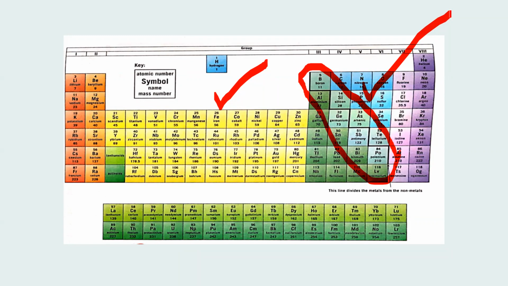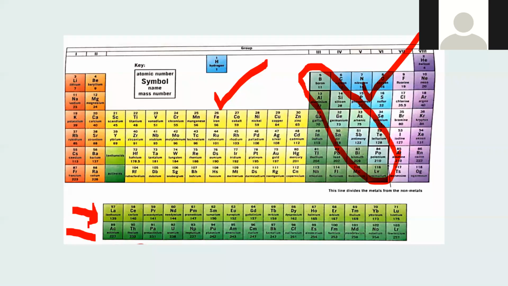You can ask, please. Sir, in the periodic table, on the left side, it is written lanthanide and actinoids. What is the meaning of that? These are particular elements. This is the so-called lanthanide series, and this is the actinide series.